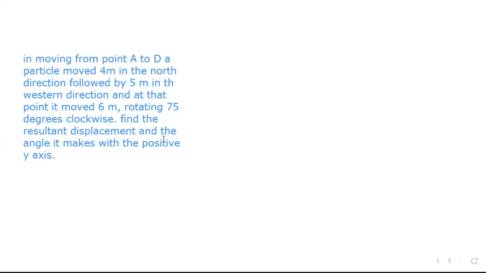So I've tried to scribble that question. In moving from point A to D, whatever this point D is, a particle moved 4 meters in the north direction, followed by 5 meters in the western direction, and at that point, it moved 6 meters, rotating 75 degrees clockwise. Find the resultant displacement and the angle it makes with a positive y-axis.